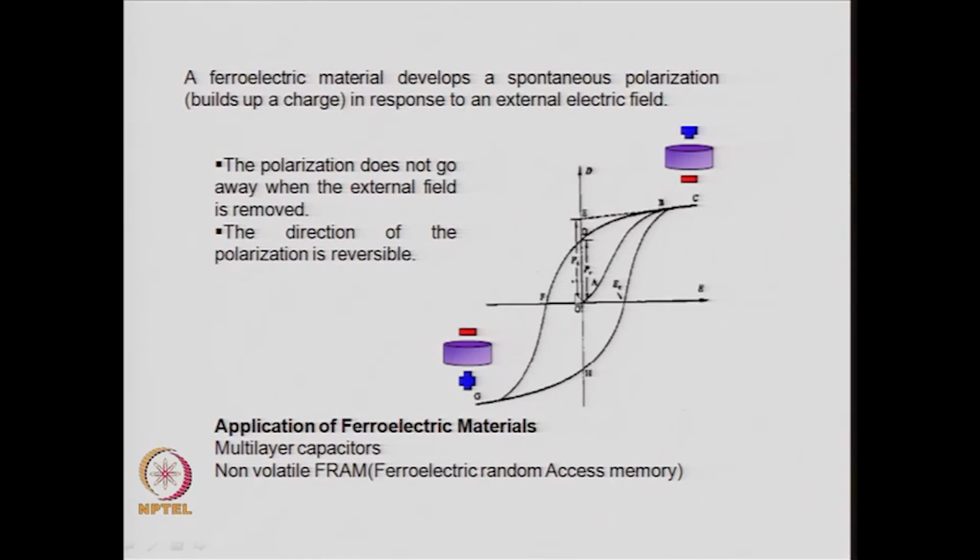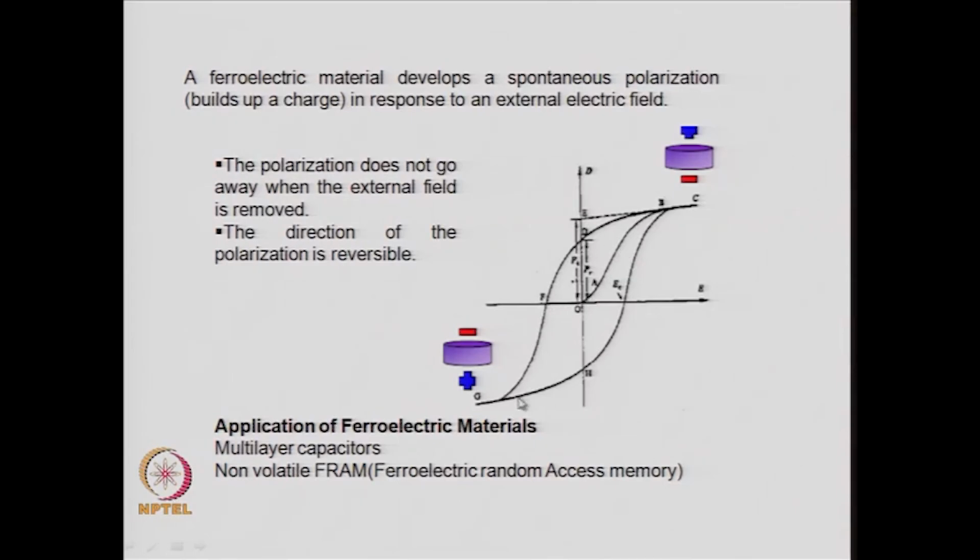And if you want to make this P go to 0, then you have to apply a field in the negative direction, and at this point the polarization really comes to 0. This much electric field, applied in the opposite direction to bring the remanent polarization down to 0, is called the coercive field.